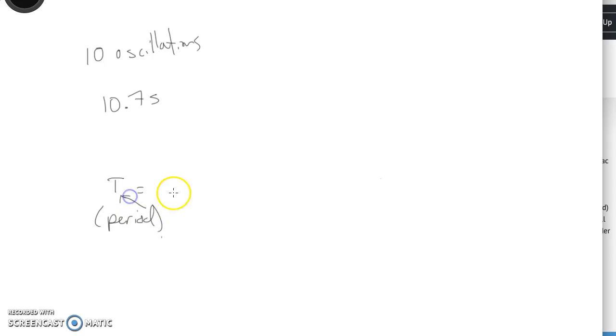The way we find this is by dividing the total amount of time something was oscillating for by the total number of cycles or oscillations. Okay, and so in this case, the period was 1.07 seconds, which basically means that for every time the pendulum swung there and back, it took 1.07 seconds.